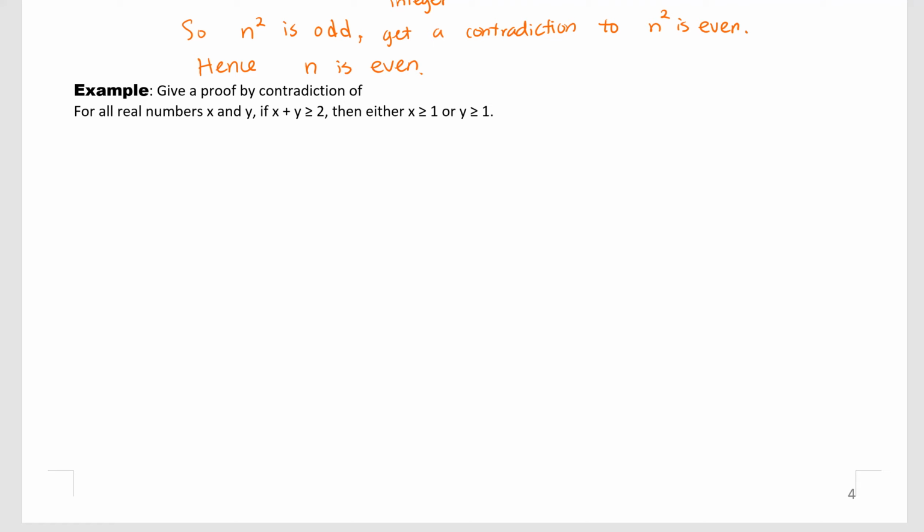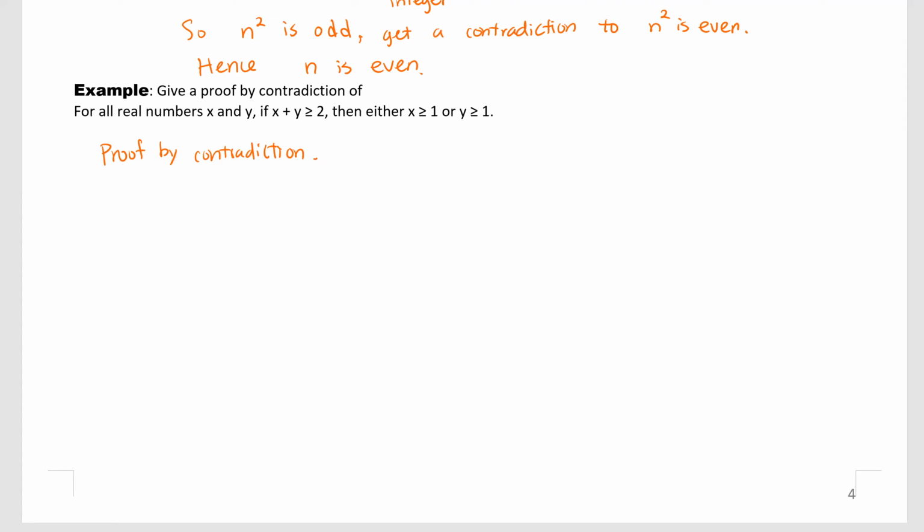So given the proof by contradiction: for all real numbers x and y, if x plus y is greater or equal to 2, then either x is greater or equal to 2 or y is greater or equal to 2. Okay, we want to prove by contradiction.